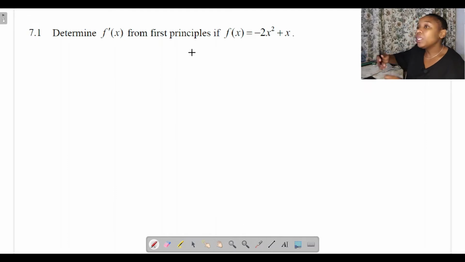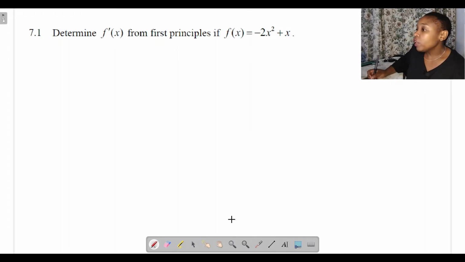Right, guys, so in question 7.1, we are told that we need to determine f prime of x, or find the derivative of f of x from first principles if f of x is given as negative 2x squared plus x.